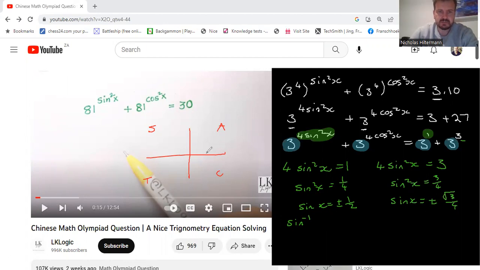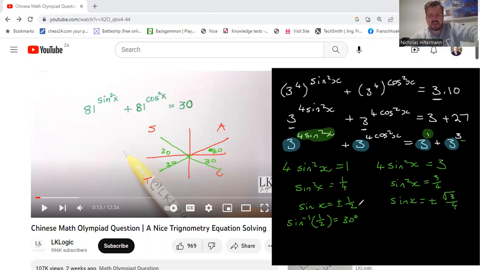All right, so let's just deal with that one first. So we're doing it with sine inverse of 1/2, the reference angle, and that is 30 degrees. So this could be 30 degrees here. And of course, going around here, this would also be 30 degrees, and these all can be options.